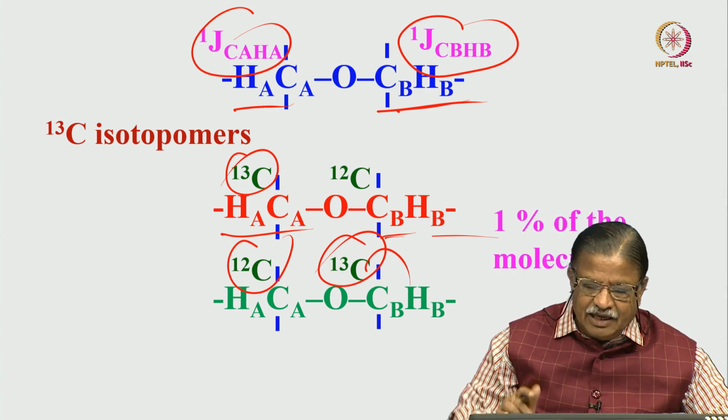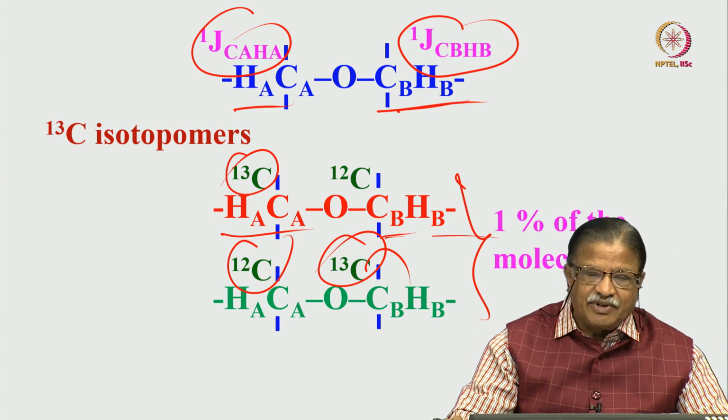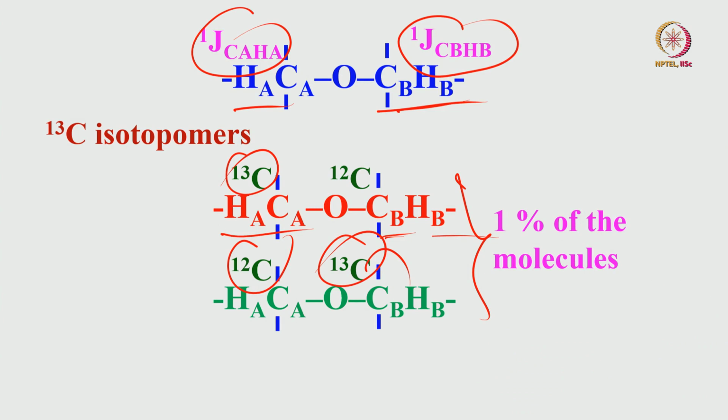And interestingly, in both these isotopomers, we can expect each of them to be present in only 1% of the molecules. This we discussed when we talked about isotopomers, when we tried to interpret the carbon 13 NMR.